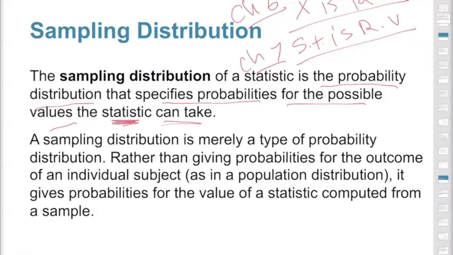So a statistic here may be X bar, the median, S the standard deviation, or the sample proportion P hat. So we are talking about these statistics, not X. In chapter number 6, as I said, we are talking about X, the random variable. But here we are talking about the statistics, X bar, the median, S or P hat. We need to know the distribution for this statistic, okay?